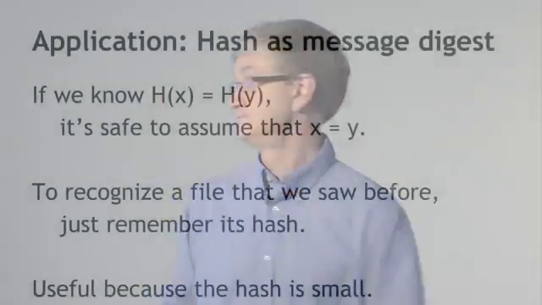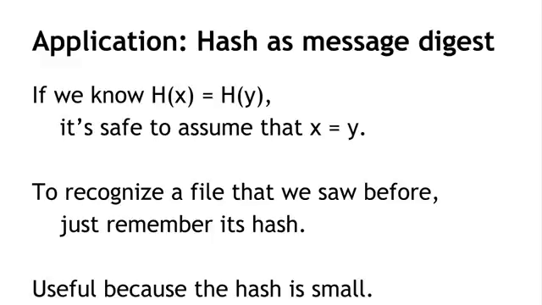One thing I need to note is that there's no hash function in existence which has been proven to be collision-free. There are just some that people have tried really, really hard to find collisions and haven't succeeded. And so we choose to believe that those are collision-free. Now, what good does collision freedom do us? If we can assume that we have a hash function that is collision-free, then we can use that hash function as a message digest.